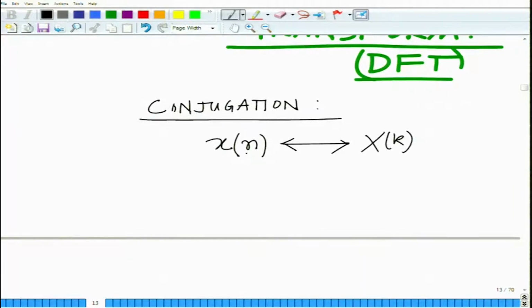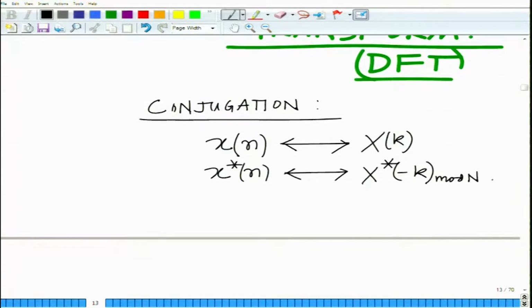Then you can show, it is not very difficult to see, that x conjugate of n has the DFT x conjugate of minus k, but remember the minus k has to be interpreted as modulo N. So, that is x conjugate of minus k modulo N.